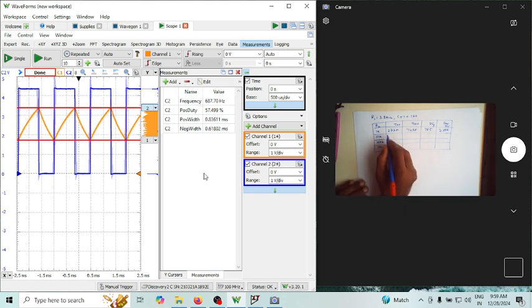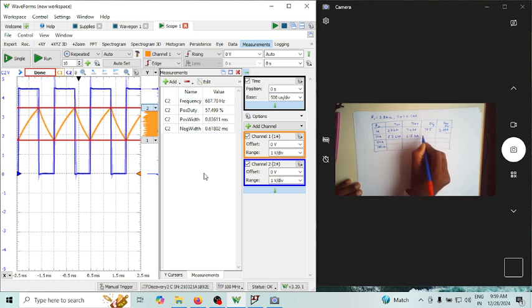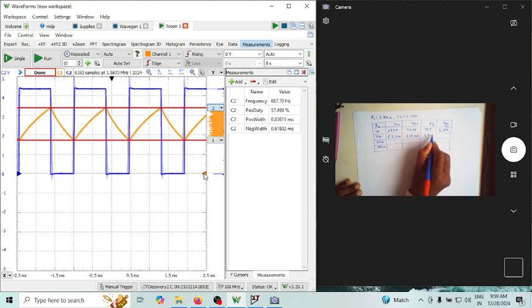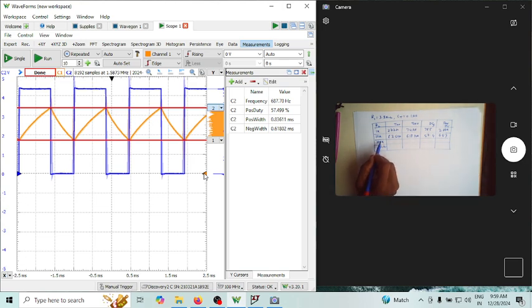So let me write it for 10K. The on time is 836 microsecond. The off time is 618 microsecond, and the duty cycle is reduced to 57.4%, and the frequency is 687 hertz. Now this is for 10K.